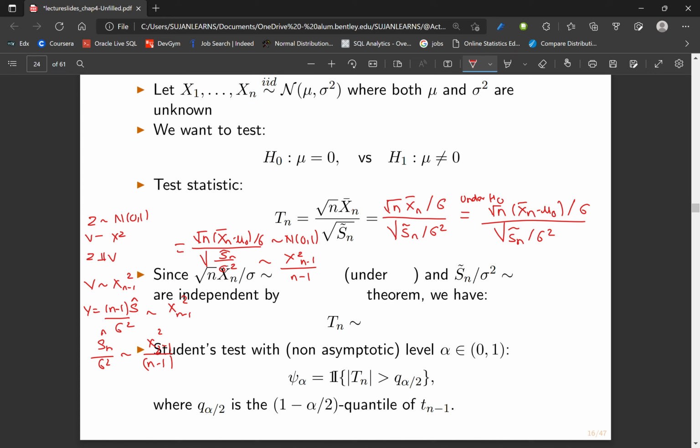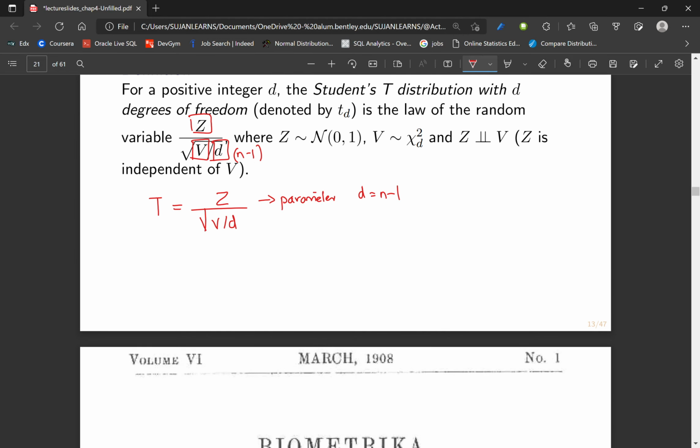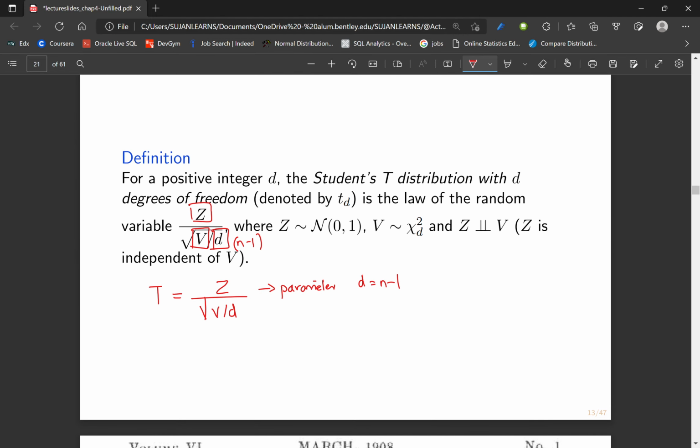So now this is what we have. What's the distribution of this? It is t n minus 1, because n minus 1 is the degree of freedom. And how do we get n minus 1? It is derived from Z divided by the square root of V divided by d.